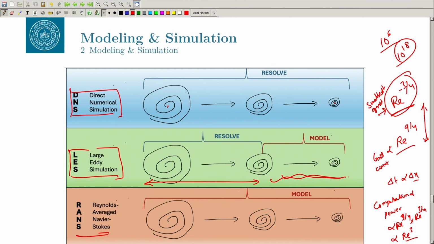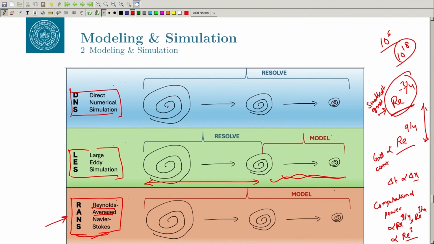So, this is what happens in the LES. Finally, our main topic of discussion is the Reynolds average Navier-Stokes. This does not use the Navier-Stokes equation directly. It uses another averaged version of the Navier-Stokes, called the Reynolds average Navier-Stokes equation.